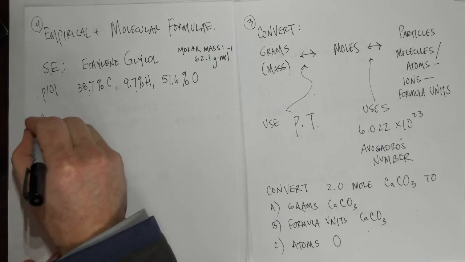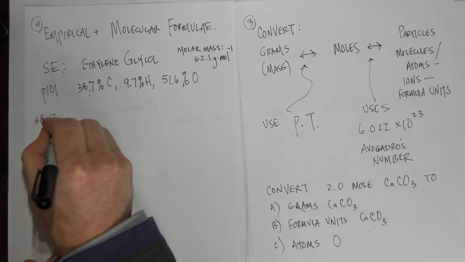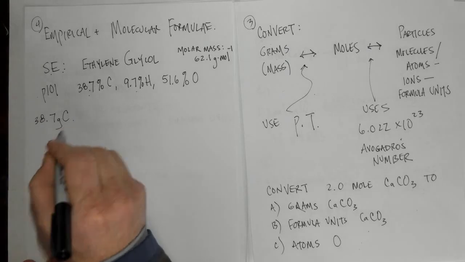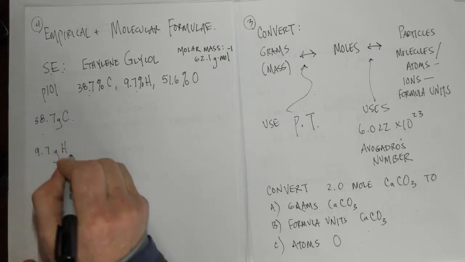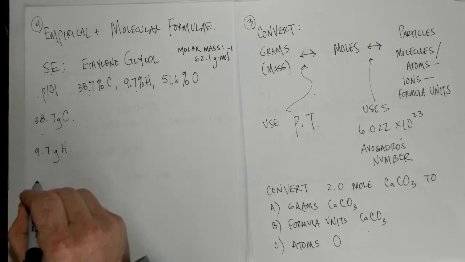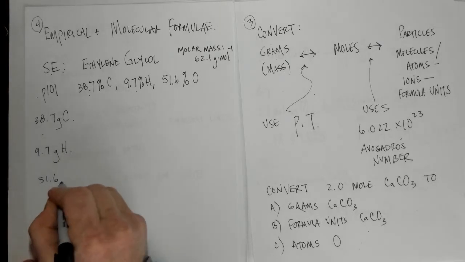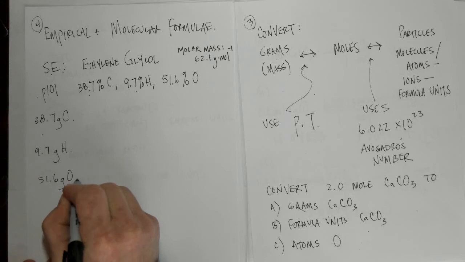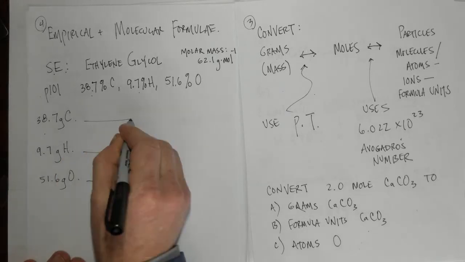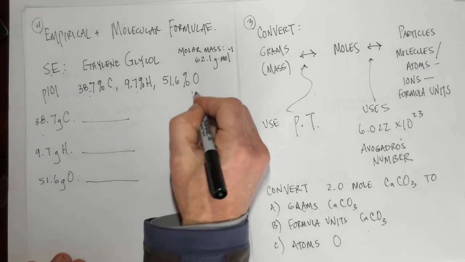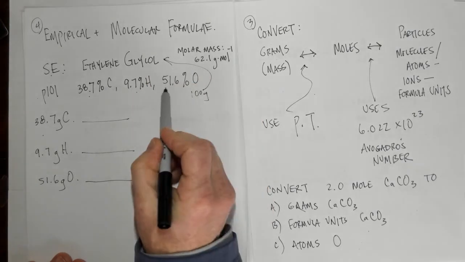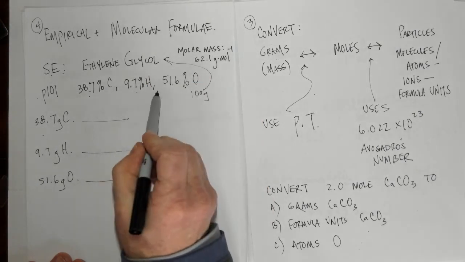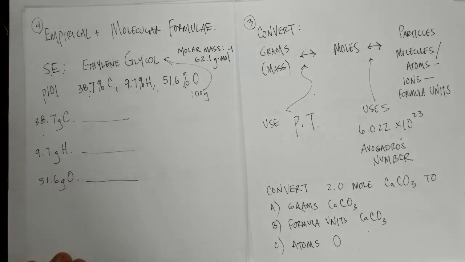And assume 100-gram sample of the substance. Since you're assuming 100 grams of this stuff right here, that means you have 51 grams of this, 9 grams of this, 38 grams of this.